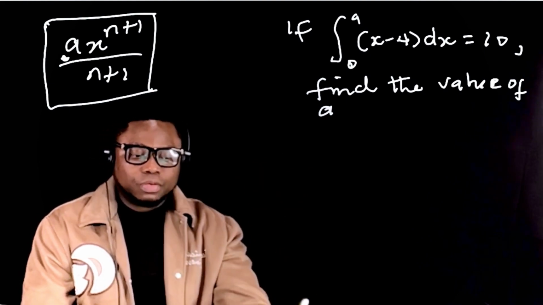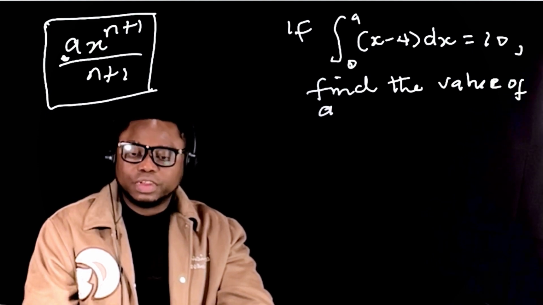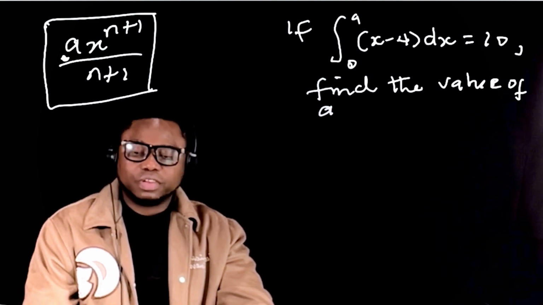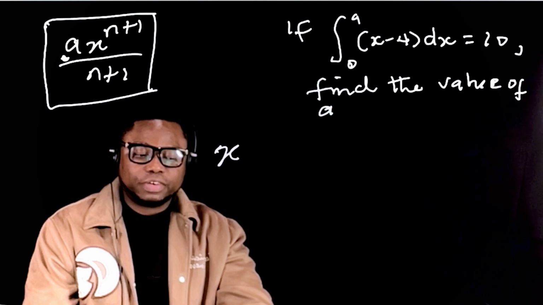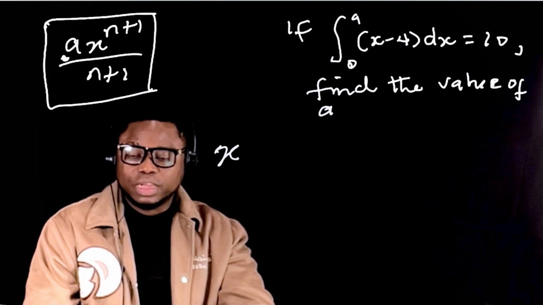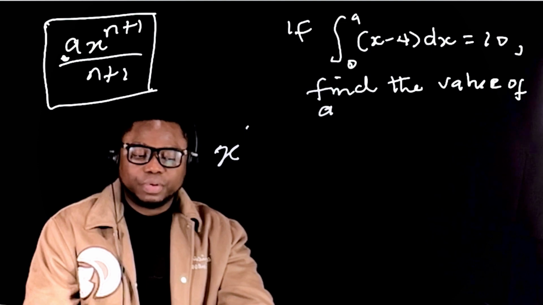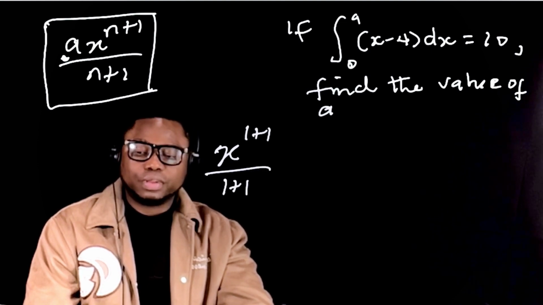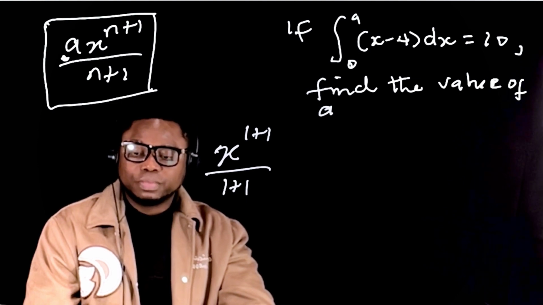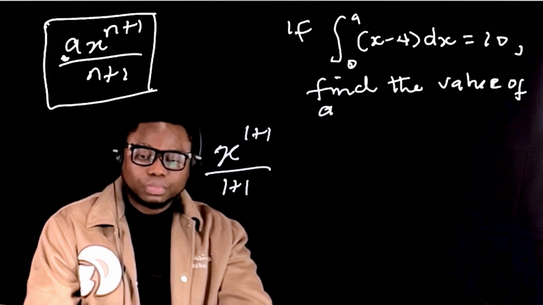So now the first thing I'm going to do here is to integrate x, and integrating x, I'm going to have x raised to the power of, remember I said that the exponent of x is 1. So that means n is 1, and so this is going to be 1 plus 1, which is 2, divided by 1 plus 1, because n is 1, and there is 1 already in the formula.